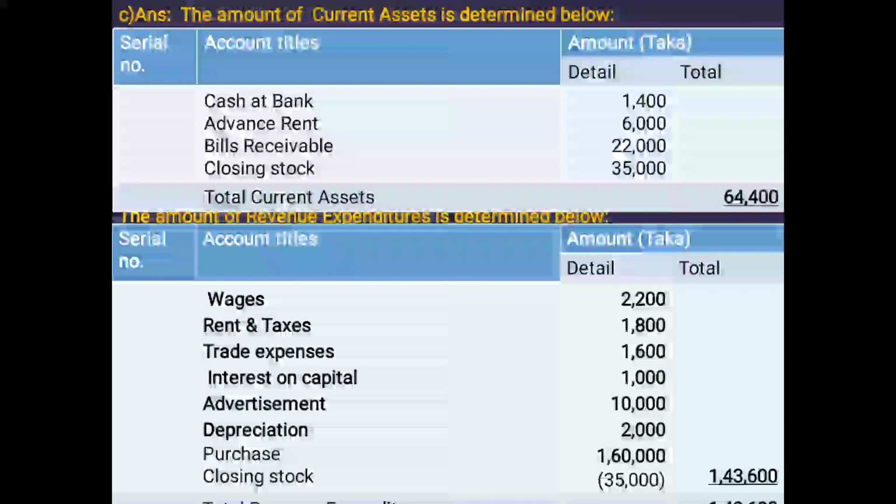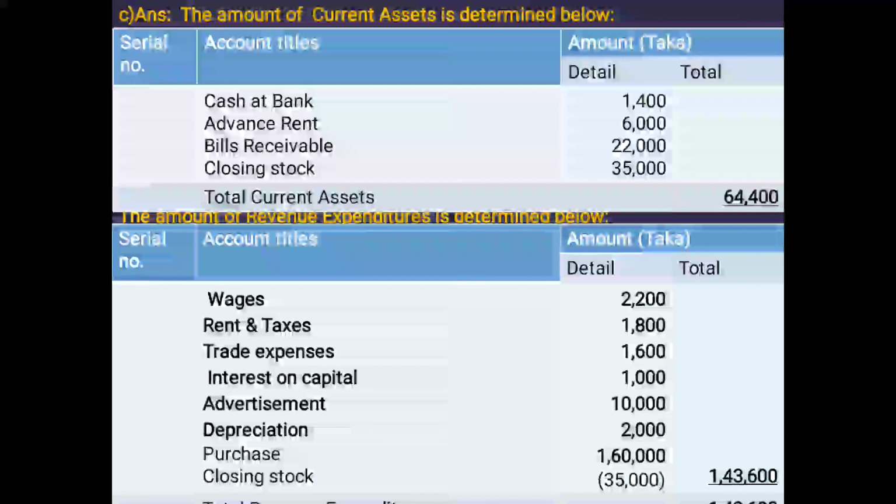From the trial balance we get taka 2,200 for wages. Rent and expenses is one kind of expenditure, so it is written on the revenue expenditure side for taka 1,800. Trade expenses is one kind of revenue expenditure, written on the revenue expenditure side, taka 1,600.